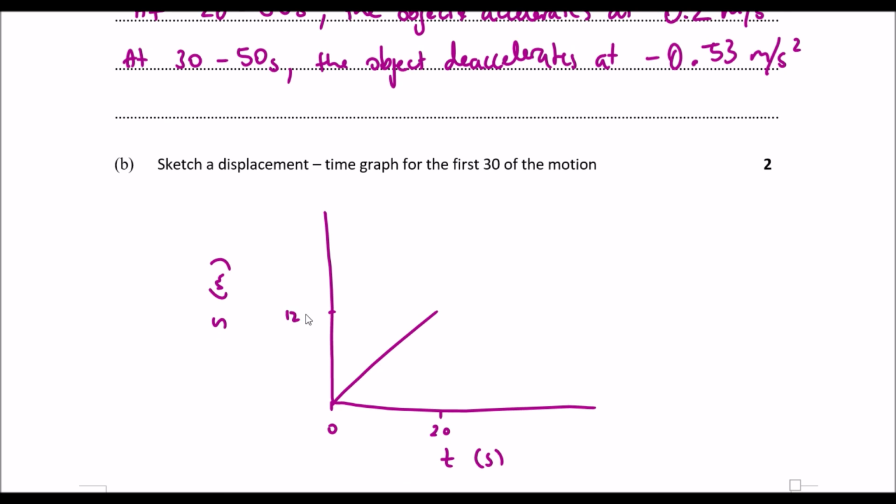So that's 120 there. And then afterwards, from that to the 30 seconds here, the object is accelerating, so we can expect that the line begins to curve up. So straight line, and now it begins to curve up like so to about 190 meters. So that's what we can see happening here.